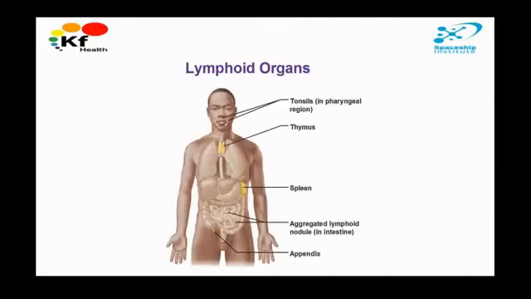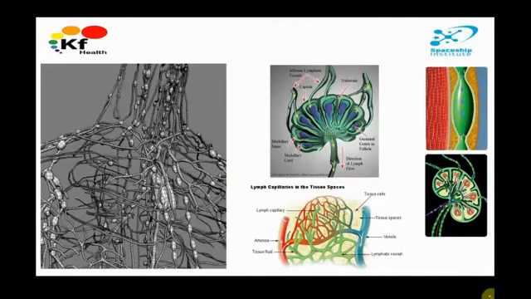Then on the next slide, you are able to see the structure of the lymph system. The lymph vessels are like tubes, and along those tubes you have lymph nodes. This is slide number 8, on the left side of the slide. They're actually like highways of the lymph.